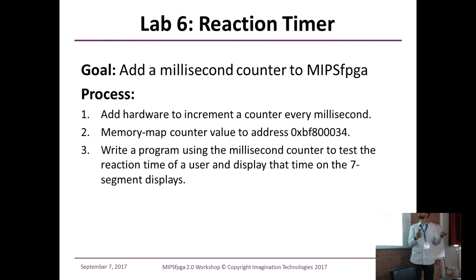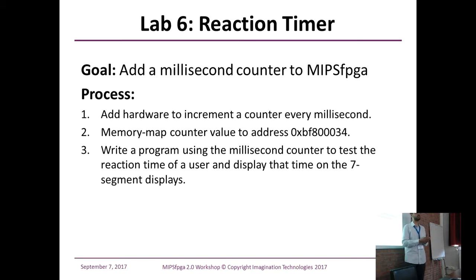Now the next one, there's a reaction timer. You add a millisecond counter to MIPSfpga. So we have the 50 megahertz clock, we have some counters, we loop through, so you can have a deterministic counter once you know exactly what you've written. So you can have a sense of measurement in the hardware.